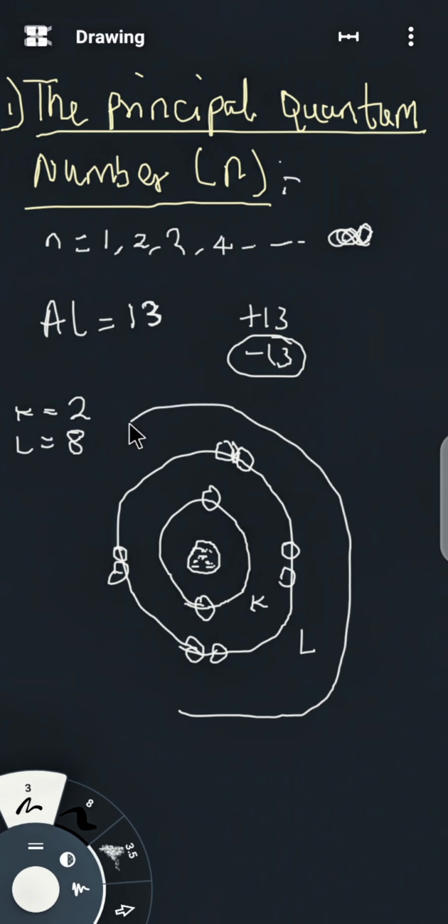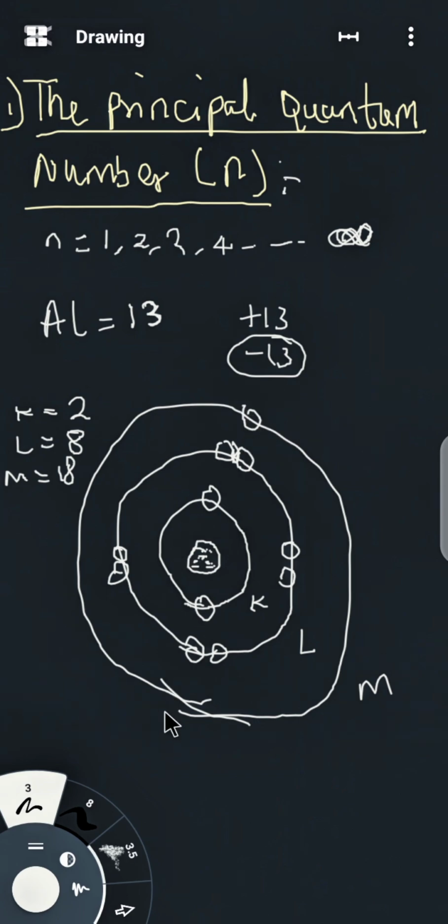The next shell is the M shell. This shell takes a maximum of 18 electrons, but what I have left is 3, so I just drop the 3 there, and that is it. So what you are looking at is the electron configuration of aluminium using the principal quantum number.